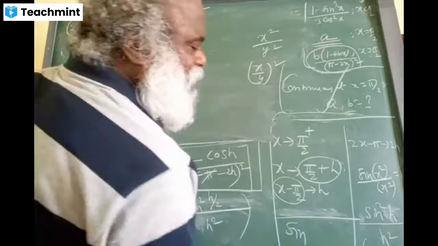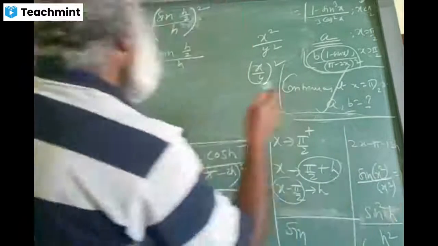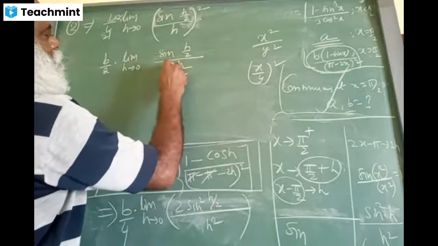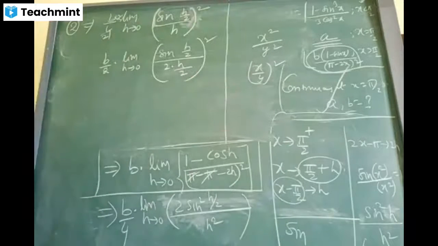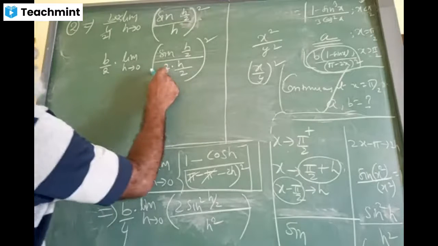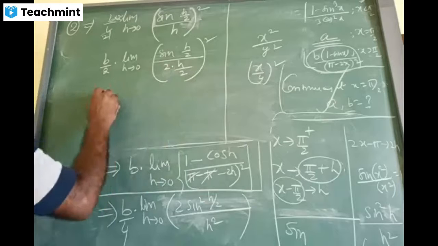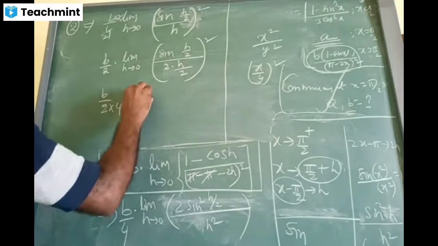But the numerator is h square, the denominator is also h square. Then h by 2 is, please watch here. Now this 2 comes out, it becomes what? 2 square is 4. So b by 4 limit, this 4 comes out.